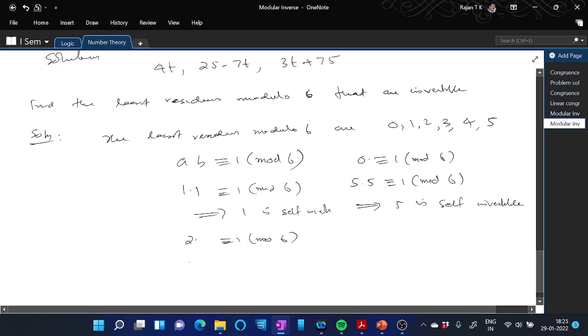So the least residues modulo 6 that are invertible are only 1 and 5, and they are self-invertible also.